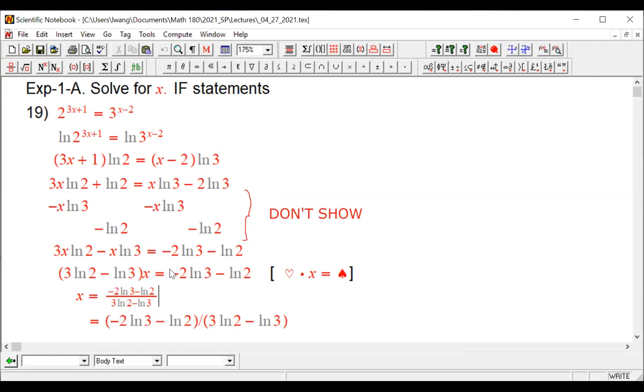If you want more exercise, I have a collection of EXP1B and EXP1C. In these collections, I have collected exercises, some from textbooks, some from my colleagues, and some from my retired colleagues.